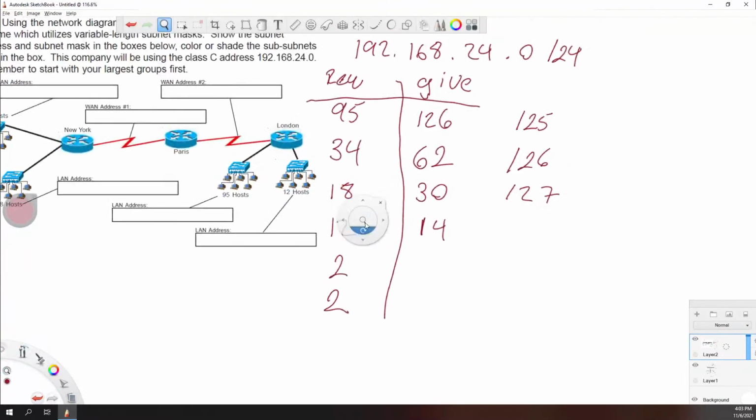So there still is some waste, but it's really all you can do. There's nothing much else that happens. And then these last 2, good thing we can give them both 2s. So these last 2 are going to be /30s, and this one here is going to be a /28.